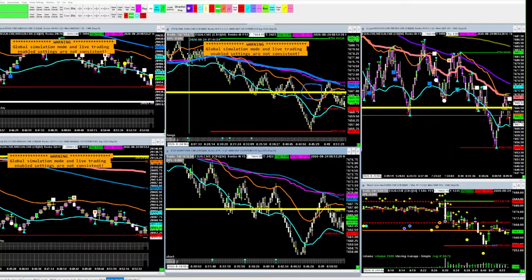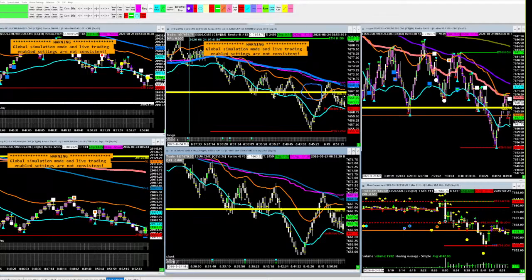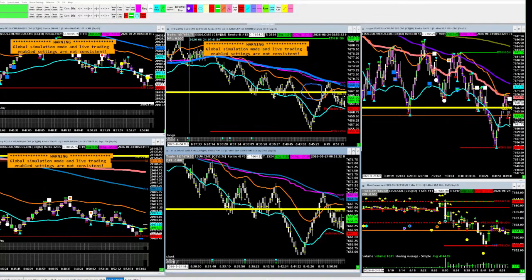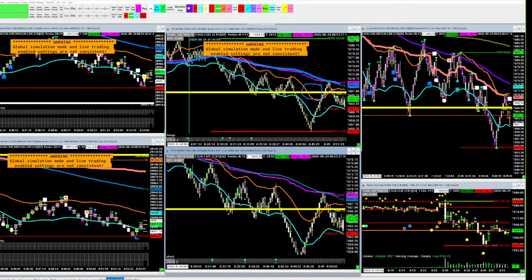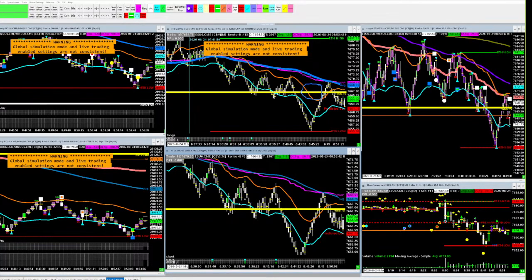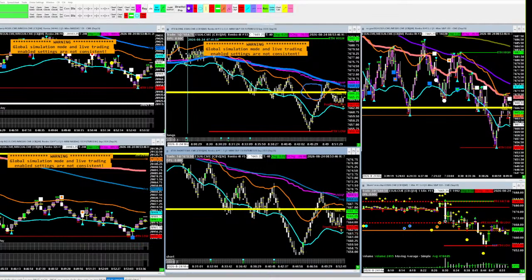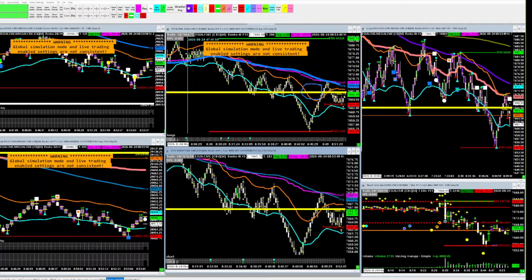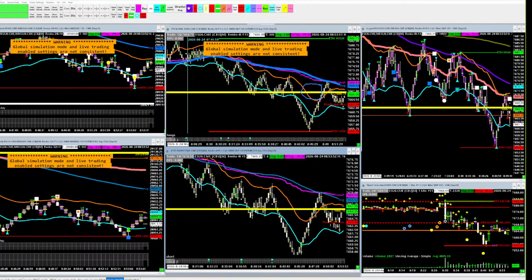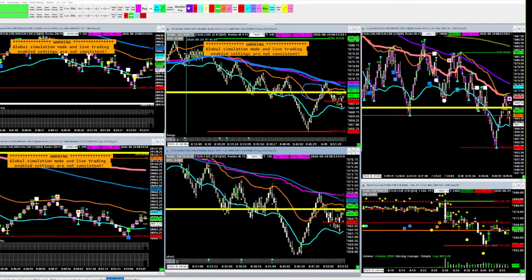And now you just got to be patient for your setups. Is anyone confused? Now, the only key here is don't get bearish, right? Don't go, it has to go down.